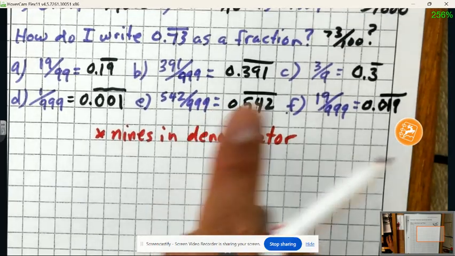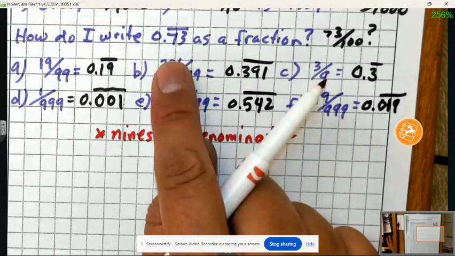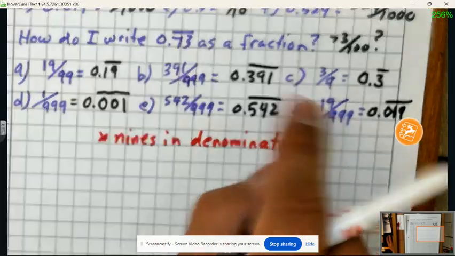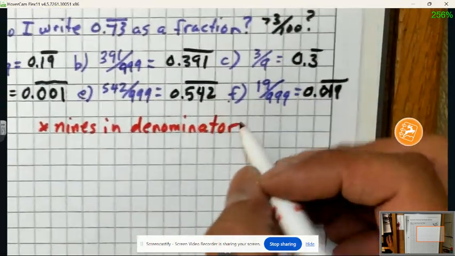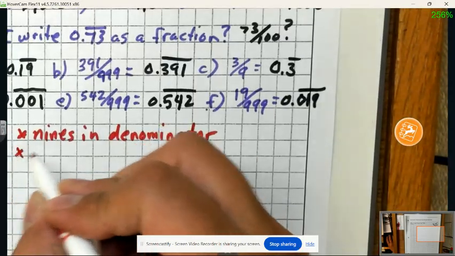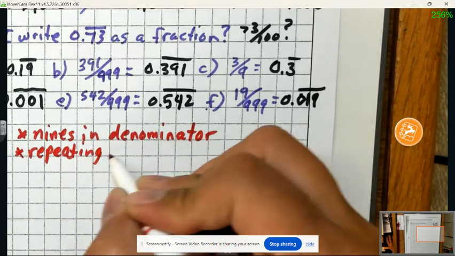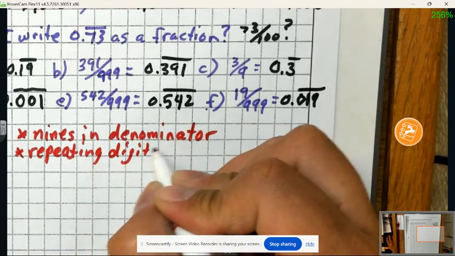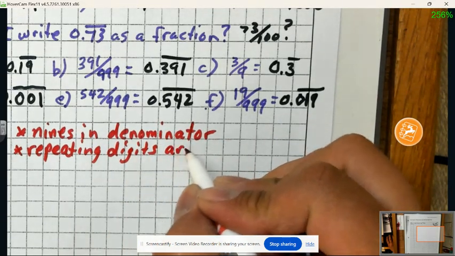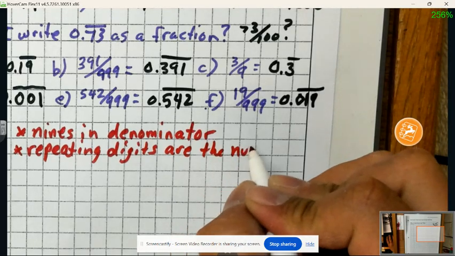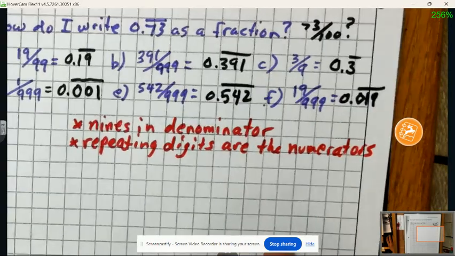We see the repeating digits that are in the decimal are the numerators of these numbers. We have a 3, we have a 19, we have a 1, and we have a 19. Okay, so the repeating digits are the numerators.